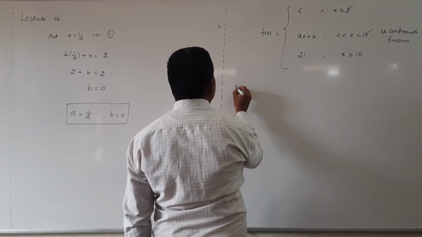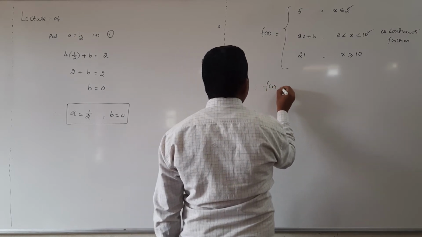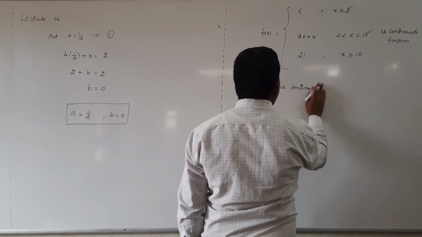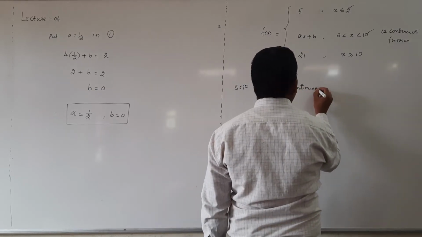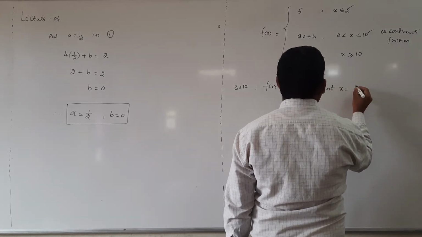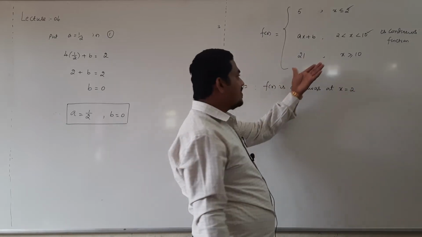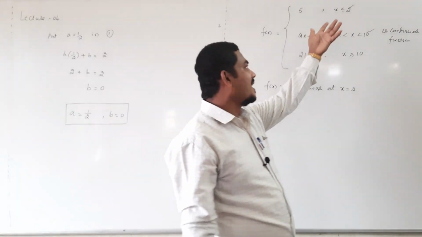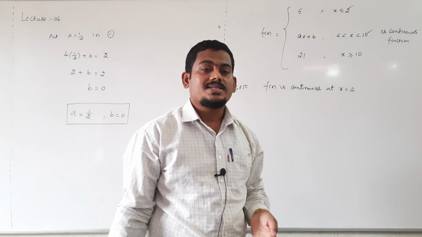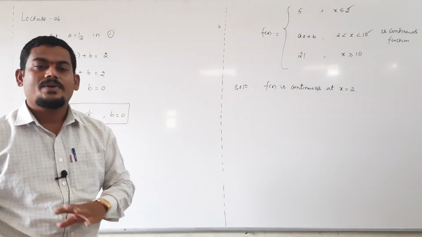One of the conditions: f of x is continuous at x equal to 2. Continuity in an interval: once a function is continuous in an open interval or in a closed interval, it is continuous at each and every point.